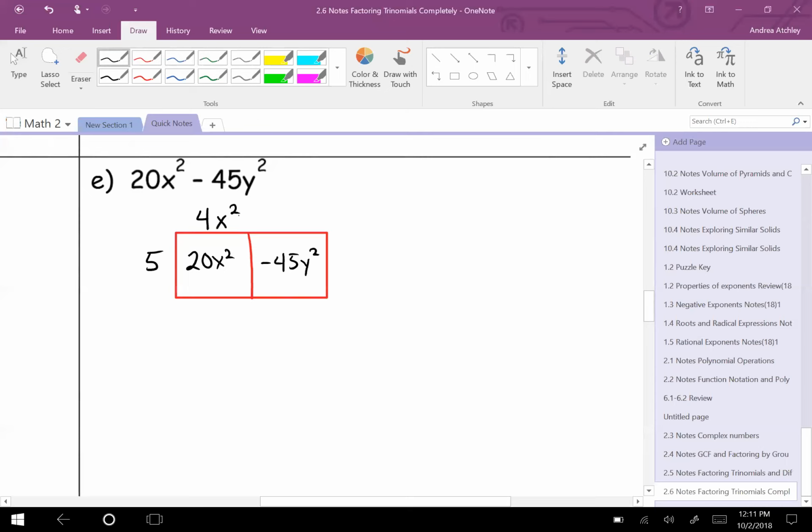They don't have a variable in common because one has an x and the other one has a y. So you can't pull out an x or a y. They need to both have it. And then negative 45 divided by 5 is negative 9, and then y squared. Any questions? Okay, so our factors right now are 5 times 4x squared minus 9y squared. We still need to try and factor that binomial further because they still have squared variables. So we're going to use our box.